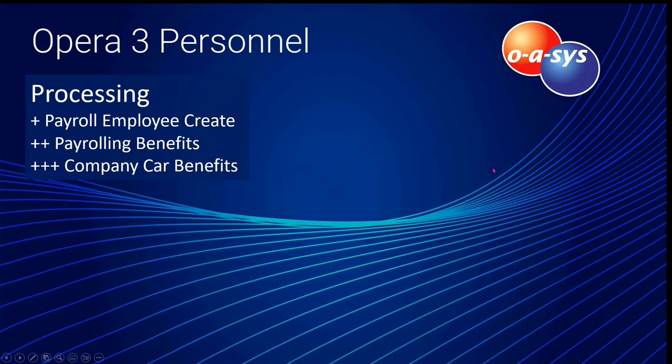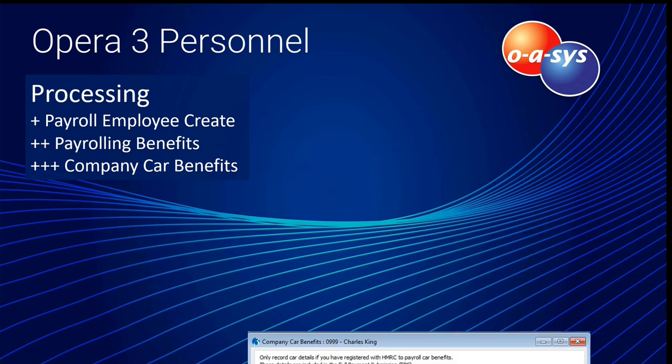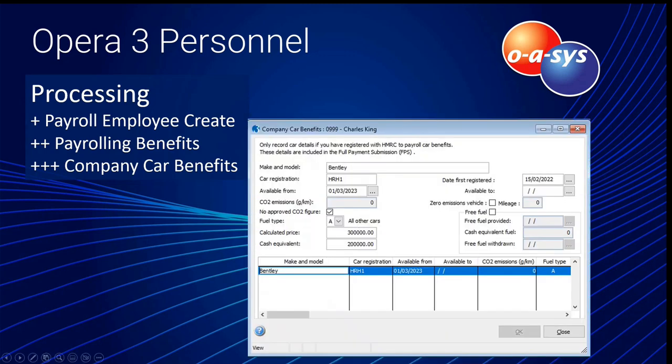Just had a look at that. So the last area within there I want to mention probably is the company payrolling benefits. So you only record details here if you have registered to payroll company cars, because details entered on this form are automatically included in your FPS and your full payment summary.